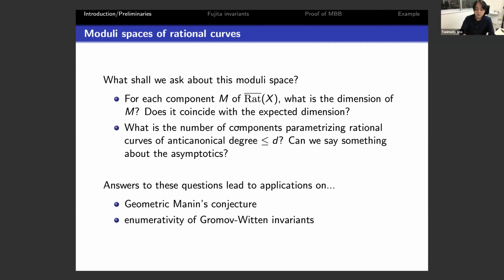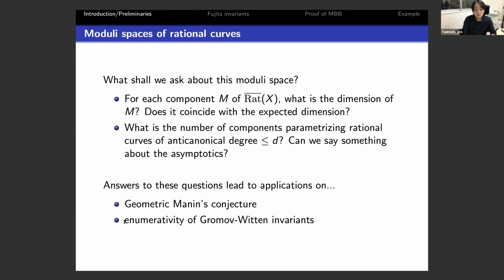This is called the Manin's component. We've been proving this conjecture for some examples, like Fano threefolds and so on.